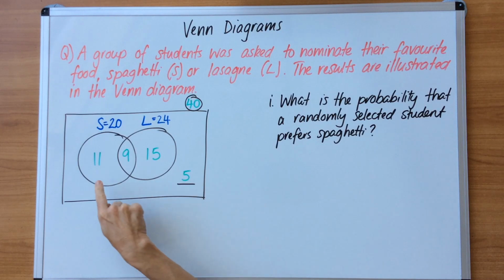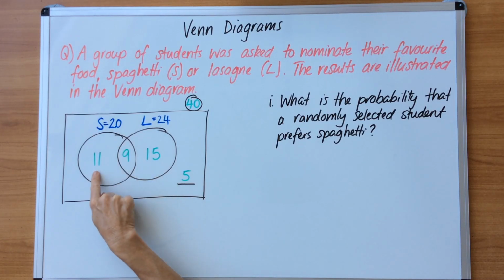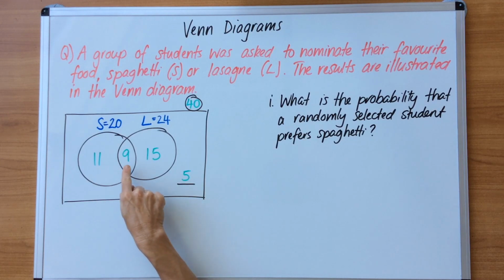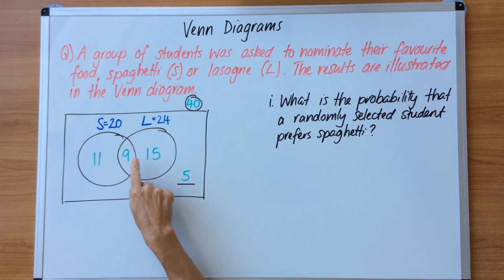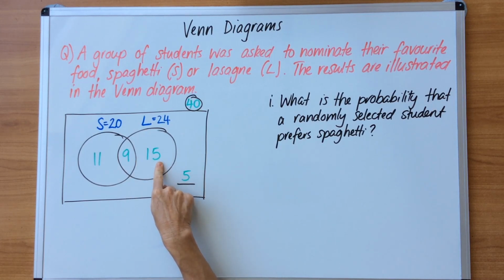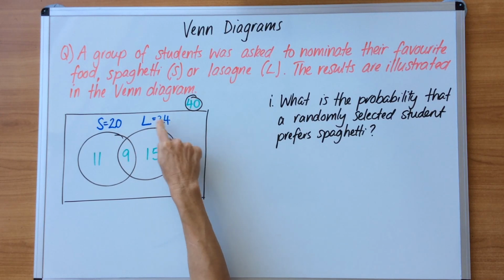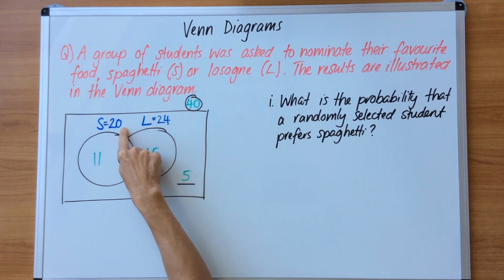We know that S for spaghetti, 11 students like spaghetti only, 9 students like both spaghetti and lasagna, and 15 students like lasagna only. These numbers up here tell you how many students said they liked spaghetti regardless if they liked it only or both.